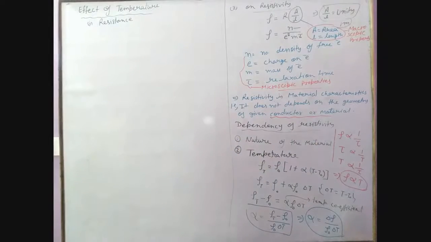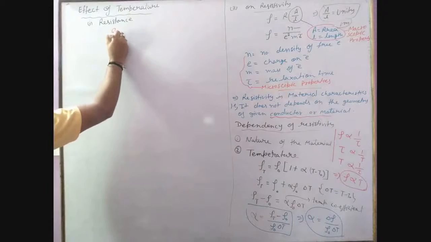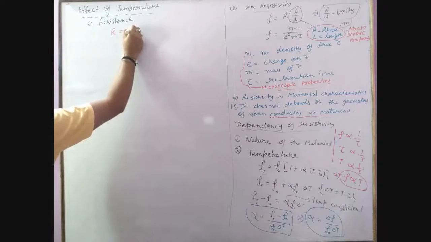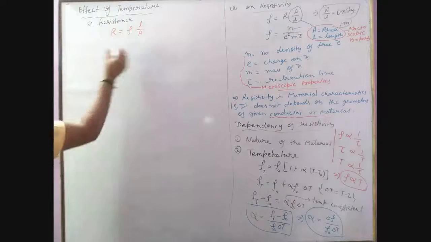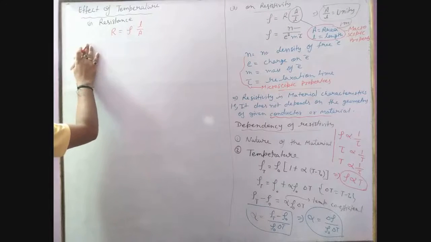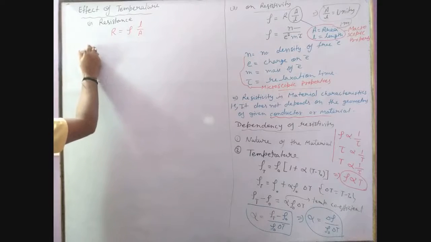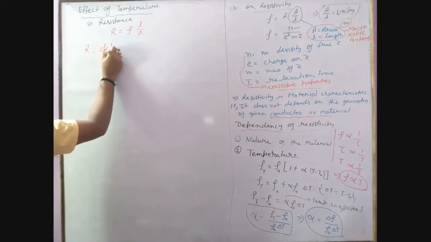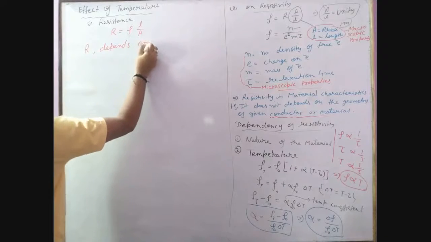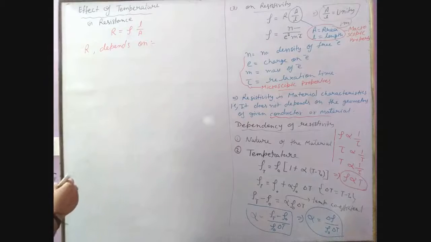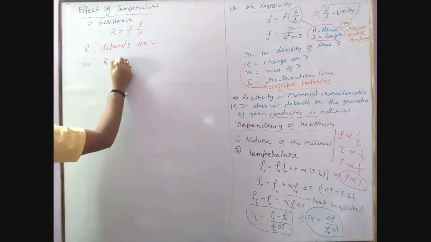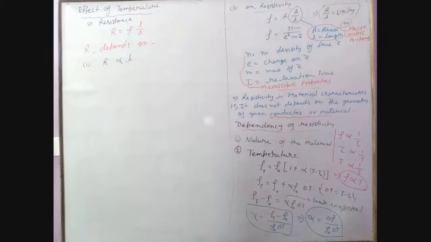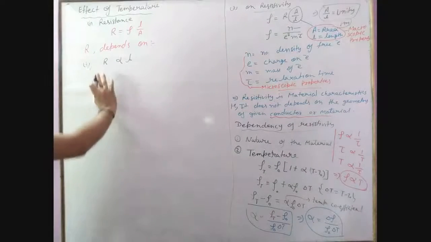Now we understood about the resistance. As we have the formula for resistance, rho L upon A, the resistance depends on the following factors. The first factor is that resistance is directly proportional to length, which means as the length increases the resistance increases in direct relation.